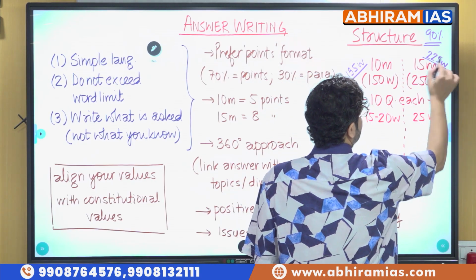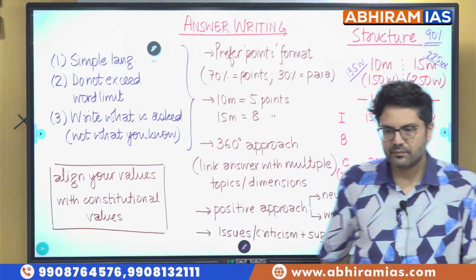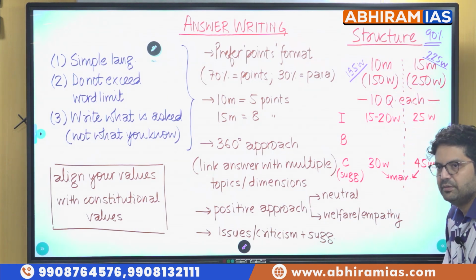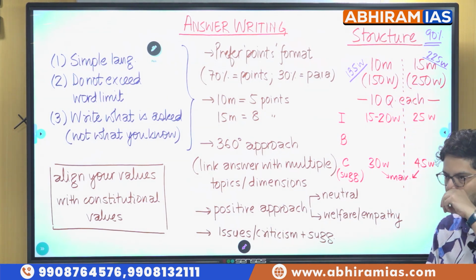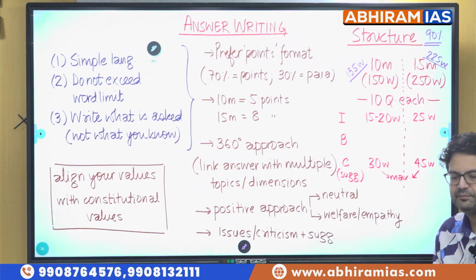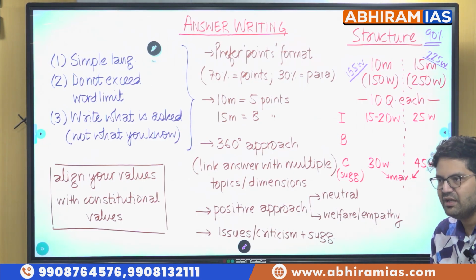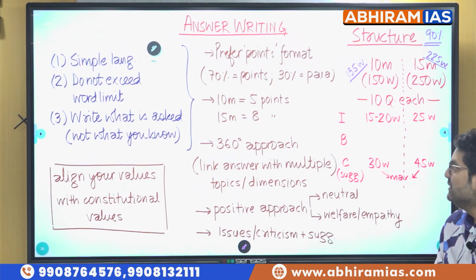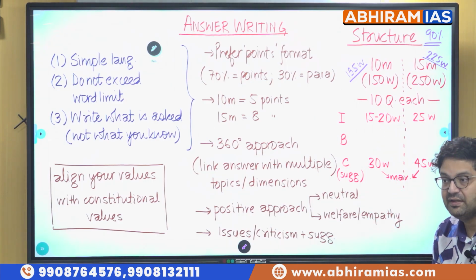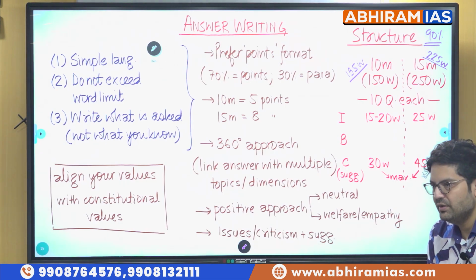Don't cross this. There is a purpose for it. Nobody is bothered that you touch 150. The question instruction is writing in 150 words. We don't exceed that. But if we write 10-15 words less in 10 questions, that means around 150 words less. That means one full extra question can be written by you.